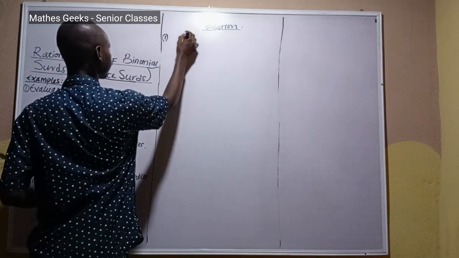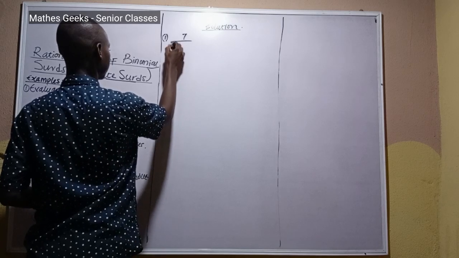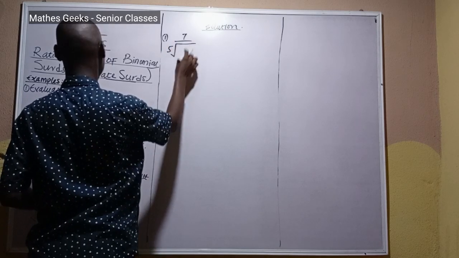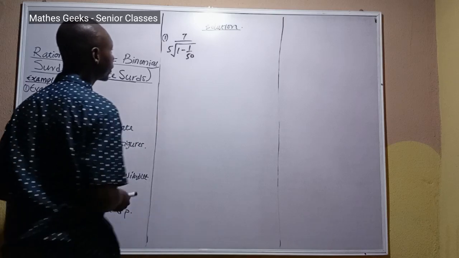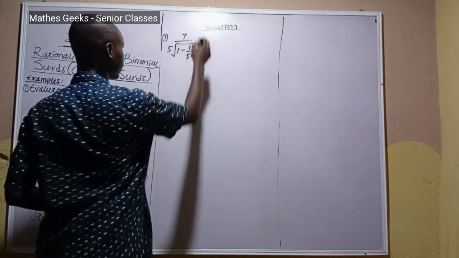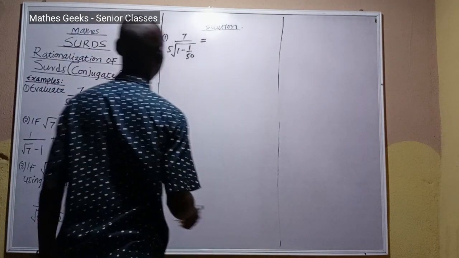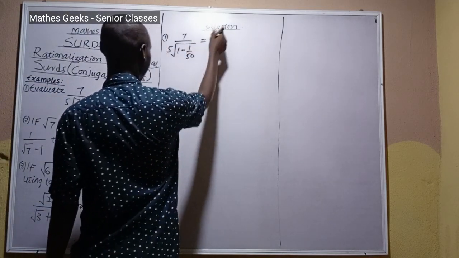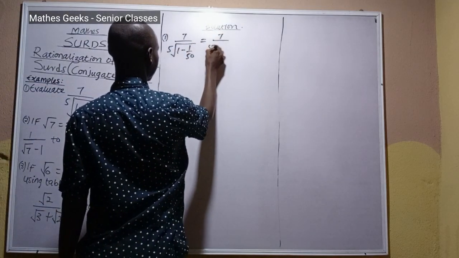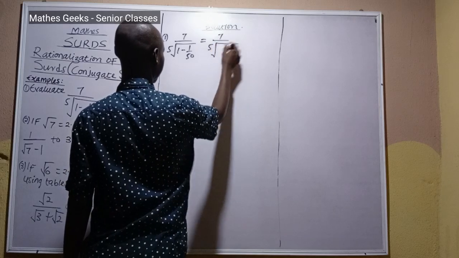Evaluate 7 over 5 root 1 minus 1 over 50. So the solution is equal to, first I'm going to simplify the fraction inside the square root.